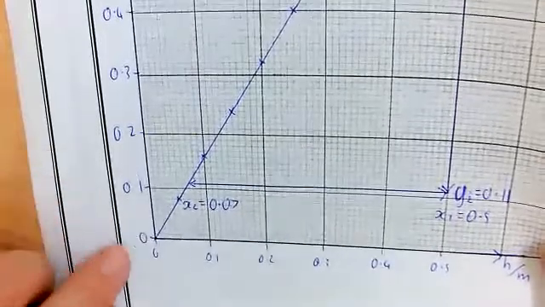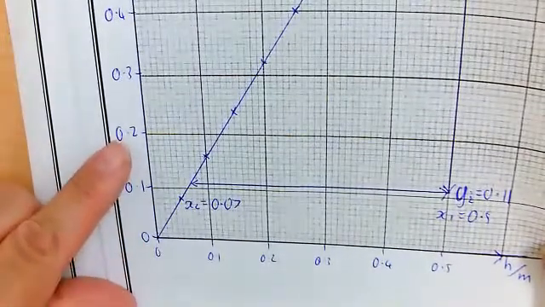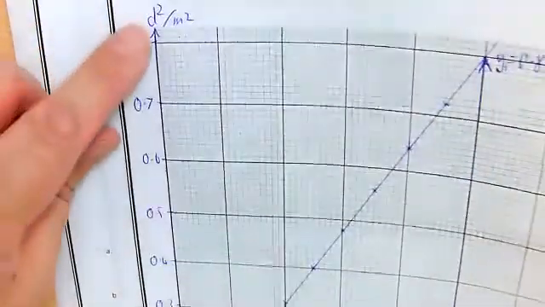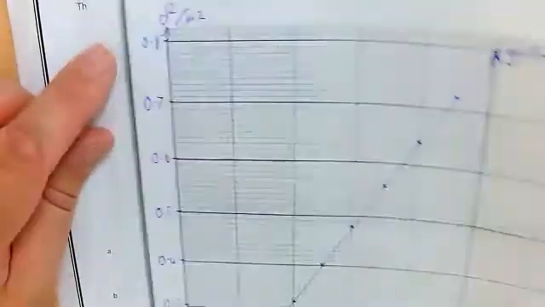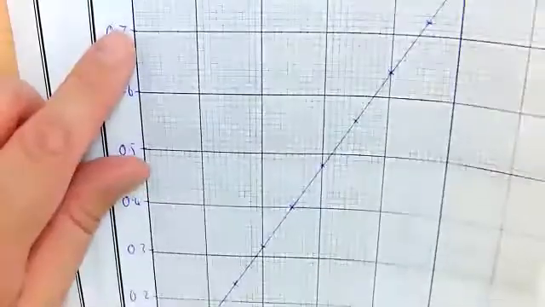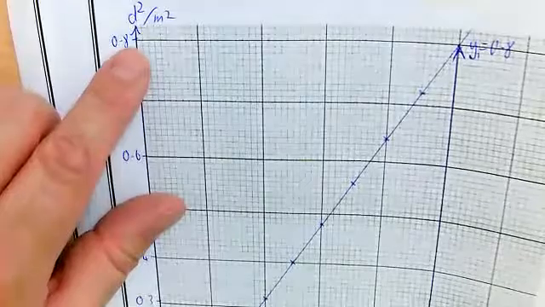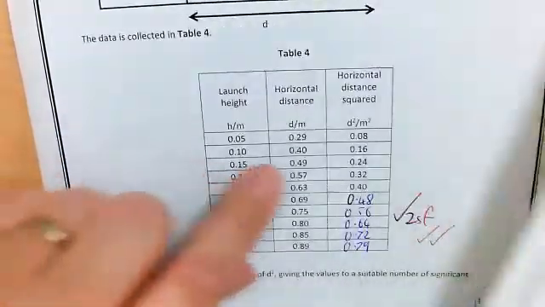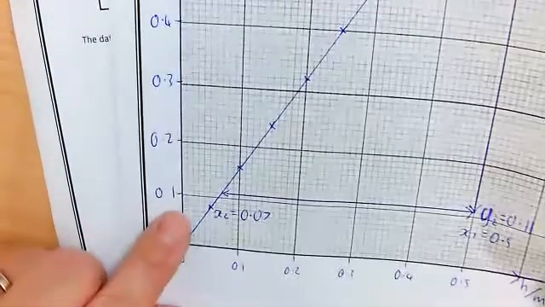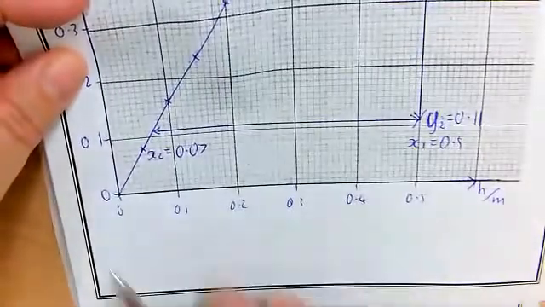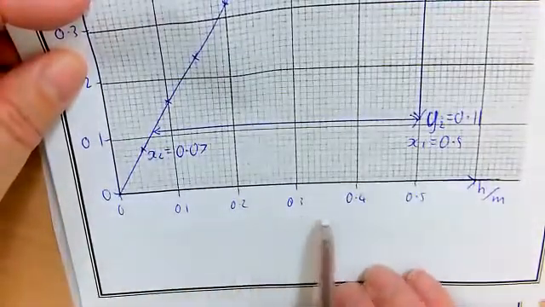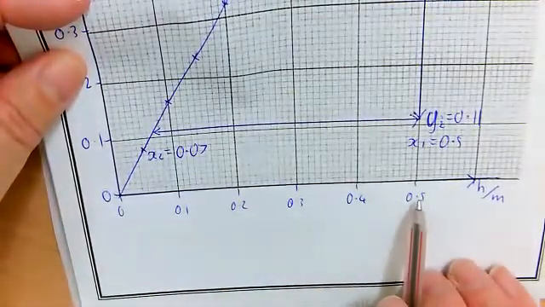We should be aiming for each square to be 0.1 on the values of d squared, because the highest value of d squared is 0.79, which is up here, and the lowest value of d squared is 0.08, which is down here. And again, similarly with the height, it's 0.1, 0.2, 0.3. So 1 square is 0.1 every time.